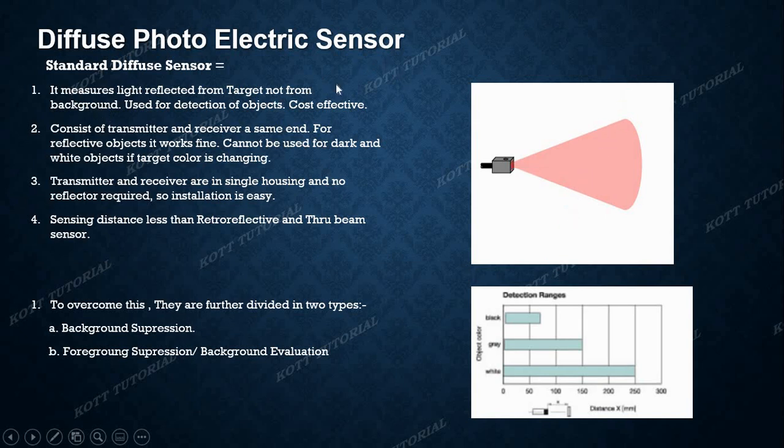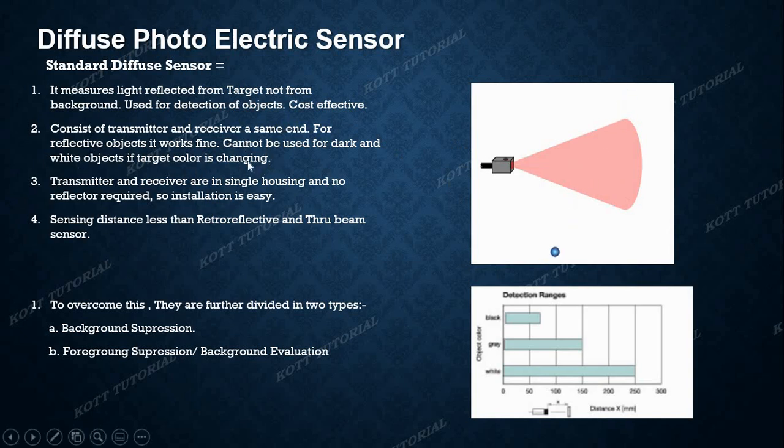Standard diffuse sensor measures the light reflected from the target and not from the background. This we can see in this GIF image. Used for the detection of objects, cost effective. Consists of transmitter and receiver at the same end. For reflective objects it also works fine. Cannot be used for dark and white objects.